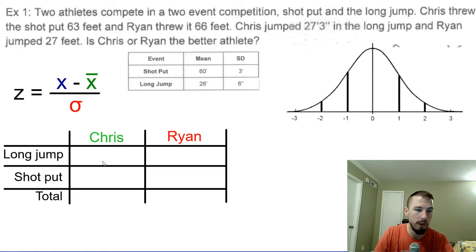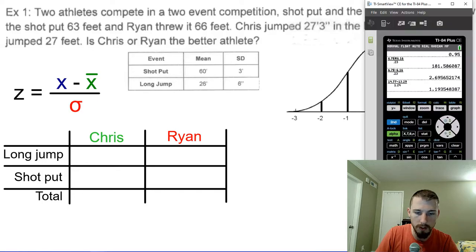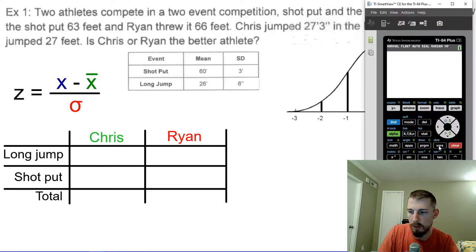So let's find Chris's long jump. The mean for the long jump is in feet, so we would have to convert that. We're using units of feet. If we just used metric, everything would be a lot easier. So we're going to do 27.25. At least that was a nice fraction.